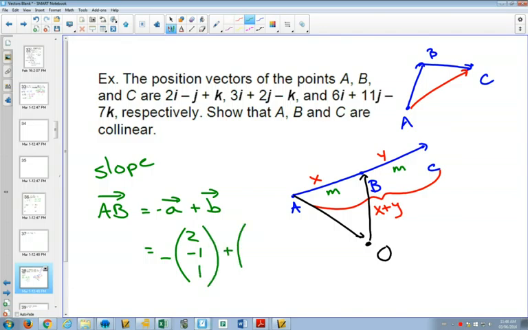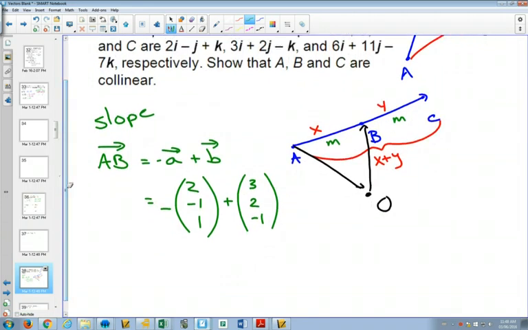B is 3, 2, negative 1. So A to B, if we put those together, will be 1, 4, negative 2.